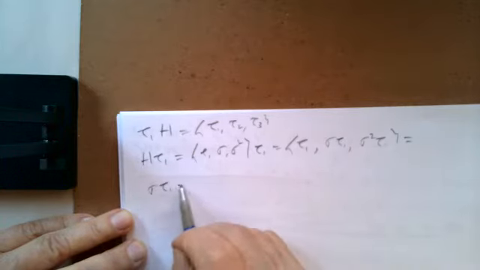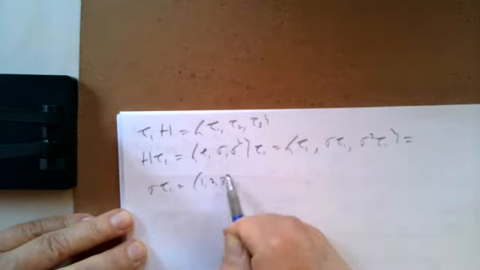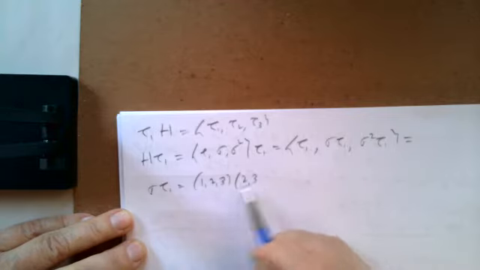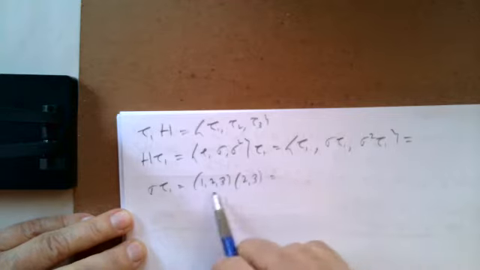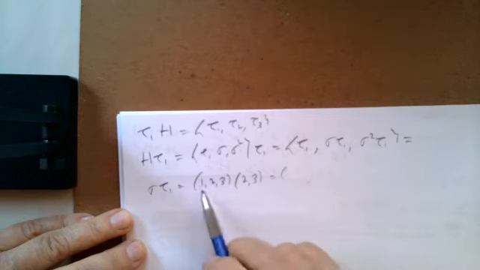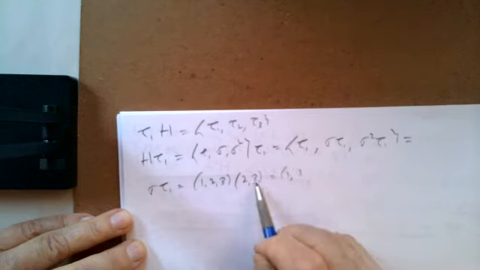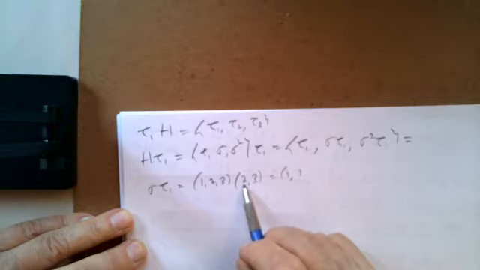We have to calculate sigma tau 1, that's the 3 cycle 1, 2, 3 times the transposition 2, 3. Let's see, 1 goes to 1, goes to 3, 3 goes to 2, 2 goes to 3, so 3 goes back to 3.